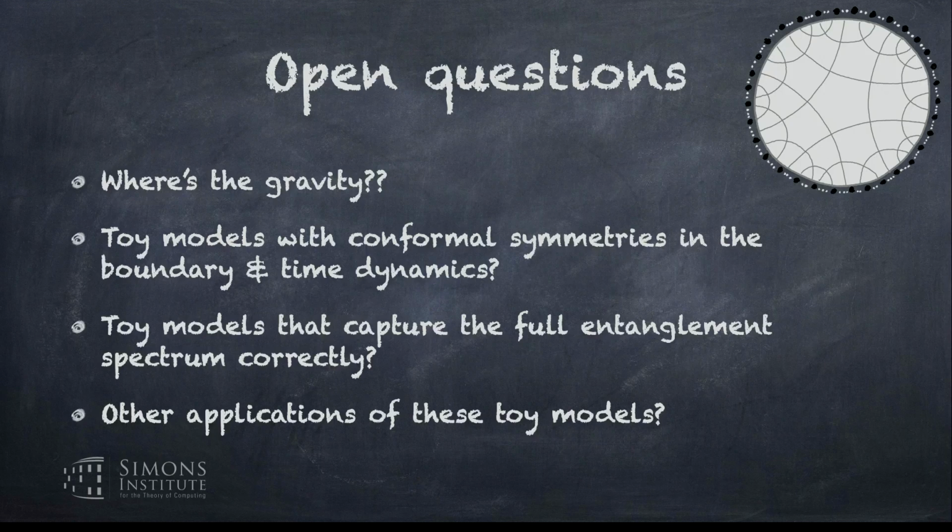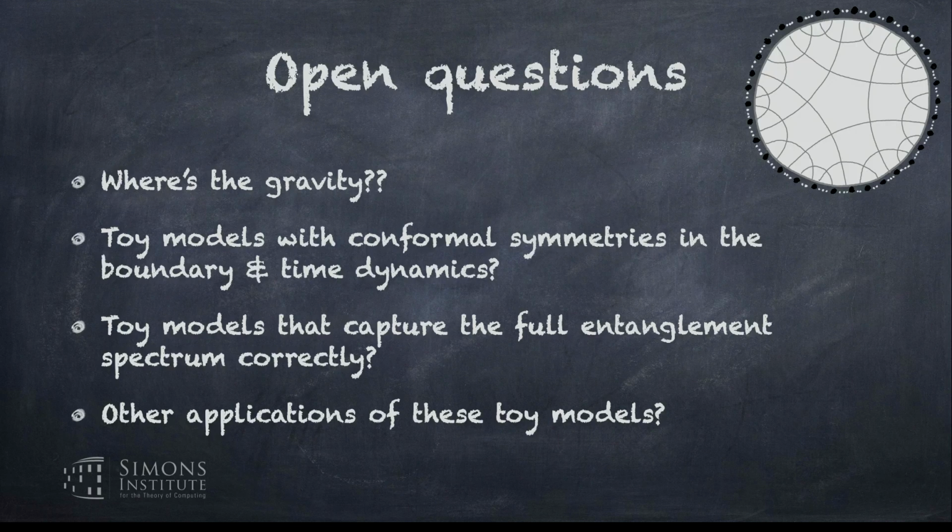There's also a question about toy models that capture the full entanglement spectrum correctly. I've said we get the right entanglement scaling, and we do for the von Neumann entropy. But in real AdS/CFT, we are also interested in the full spectrum of Rényi entropies, and the entanglement scaling we get here isn't exactly what you'd expect for that. You can argue that the entanglement scaling we're getting here is what you'd expect for fixed area states in AdS/CFT.